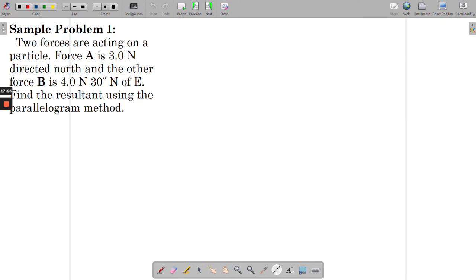Okay, so what we want to do first is draw our cardinal directions. So this is north, this is east, this is south, and this is west.